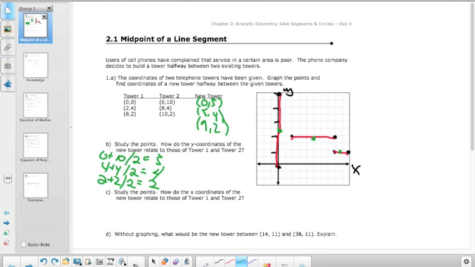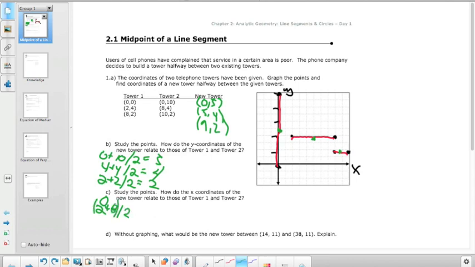How about the x coordinate on this one? Well, there's no difference here, so it's still 0. What about the second one? What's the relationship between the x coordinates of the original points and the x coordinate of our midpoint? We sort of touched on it already. Yeah, we add them together. So here's (2 plus 8) divided by 2.